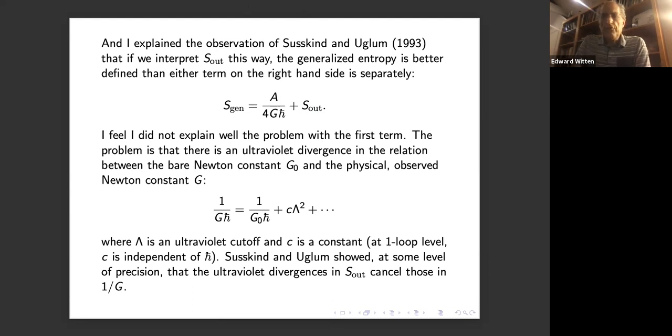So possibly that's the most elementary reason that the von Neumann entropy is the right interpretation of S out. It simply makes the formula make sense, which it does not otherwise. It helps that the formula makes sense quantum mechanically. But today and tomorrow, I will be giving other reasons that this interpretation for S out has to be the correct one.